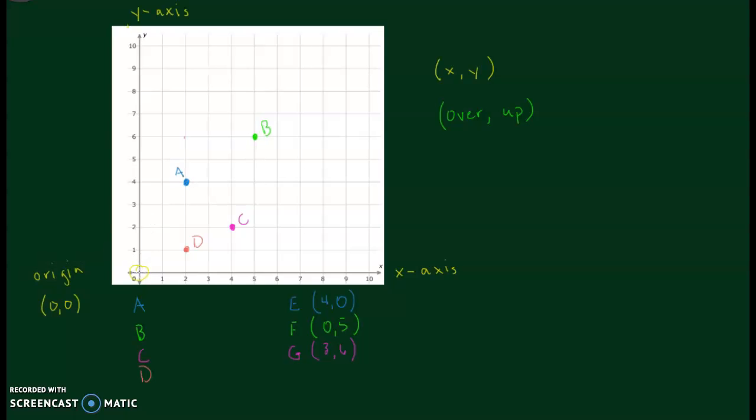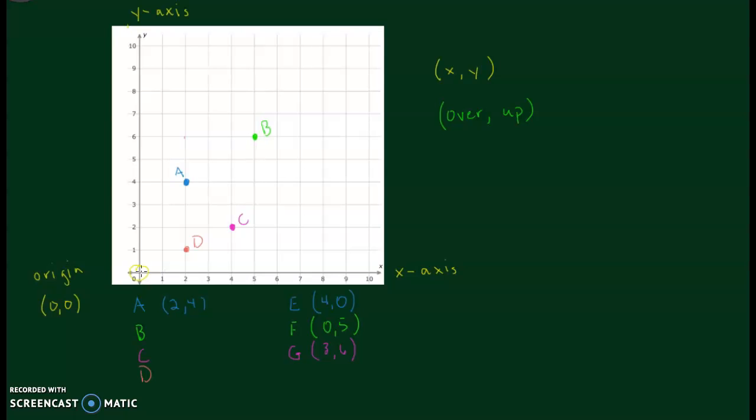So to do that, we're going to start at the origin, and we're going to go over until we're at the same line that the A is on. So from the origin, we're going to go over 2 spots, and then from here, we're going to go up 1, 2, 3, 4. So the coordinates of point A are 2, 4.